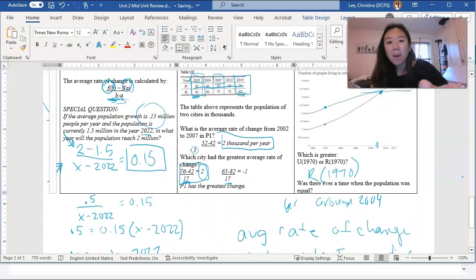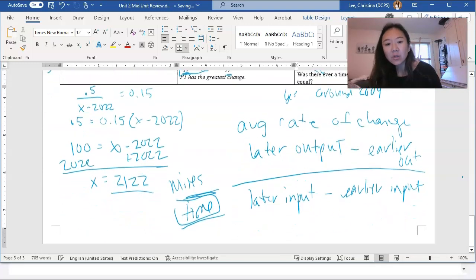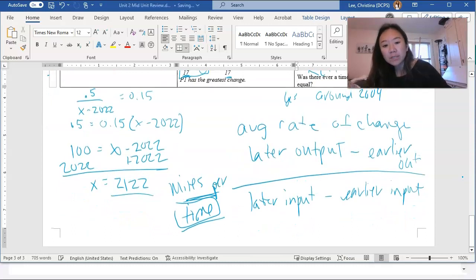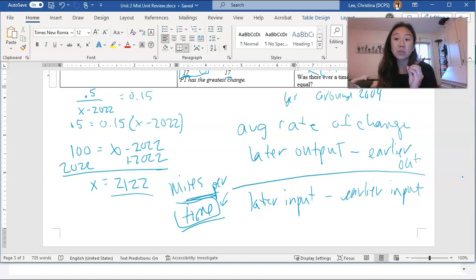In this case, it's population per year. And so that per tells us that the other thing is going in the denominator. The time is going in the denominator. So again, because functions are almost always a function of time, your measurements of time, minutes, hours, years, are going to be in the denominator. So hopefully that is helpful for you.